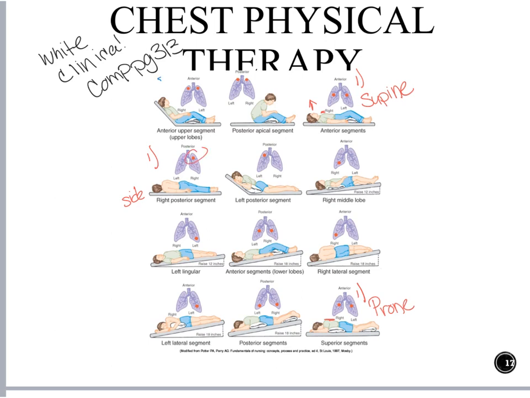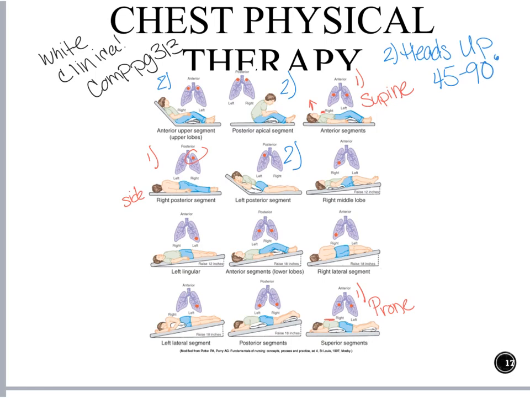So next we have Fowler's and reverse Trendelenburg. So in this group, it's going to be heads up, 45 to 90 degrees.